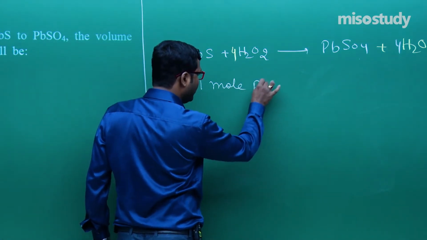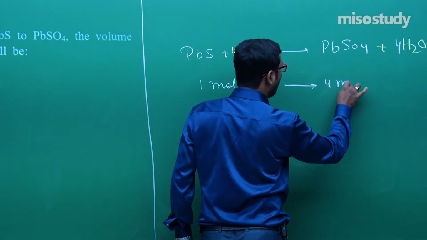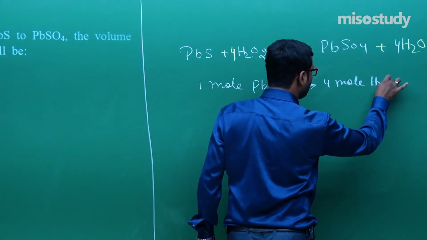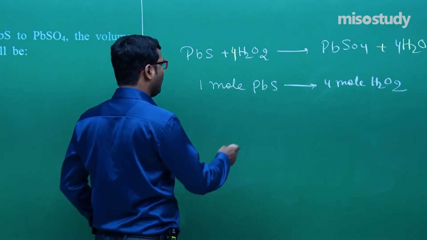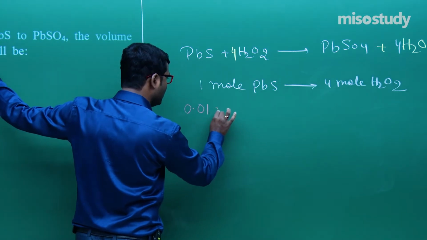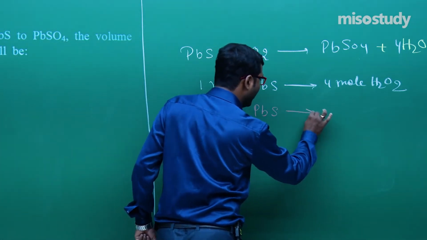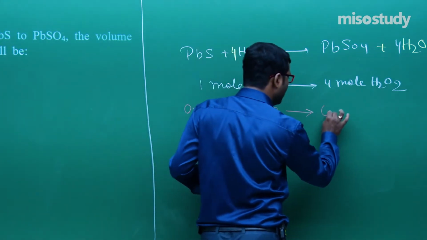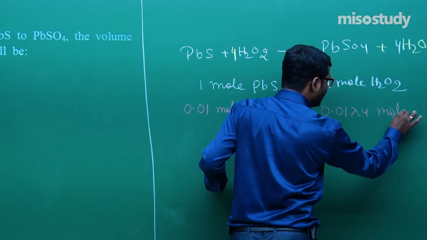Look at PbS, 1 mole PbS requires 4 mole of H2O2. According to the question, 0.01 mole of PbS requires 0.01 into 4 moles H2O2.